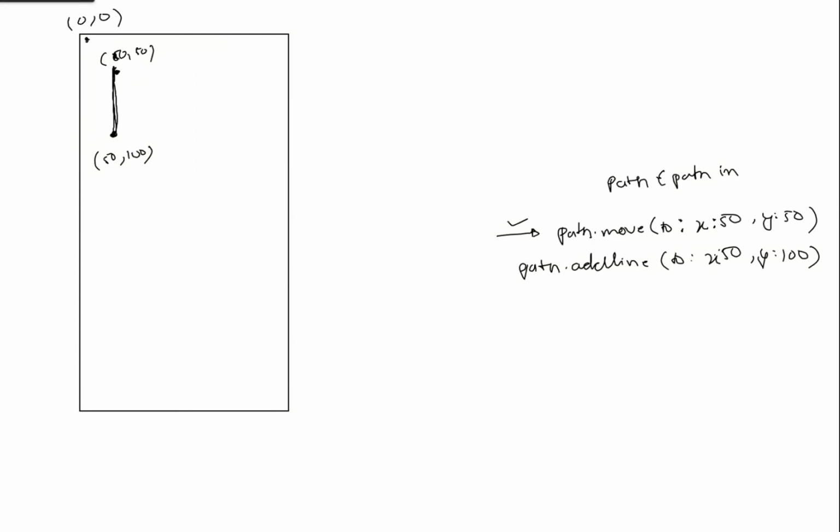Something is created. Now you want to put a point here, so you simply add another point. Here your y-axis is going to remain, but you increase your x-axis, so x 100, y will remain 200.